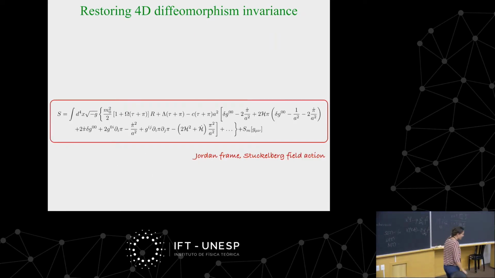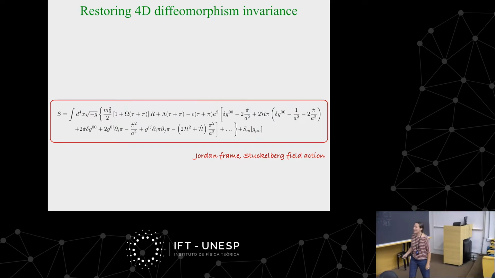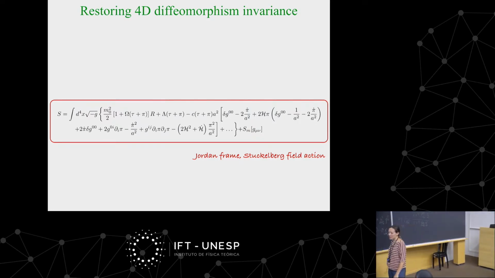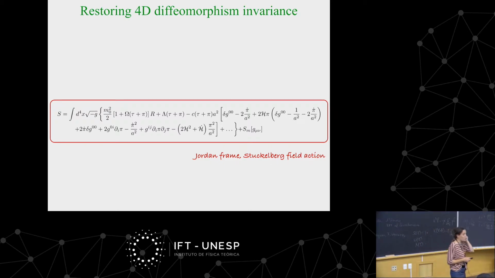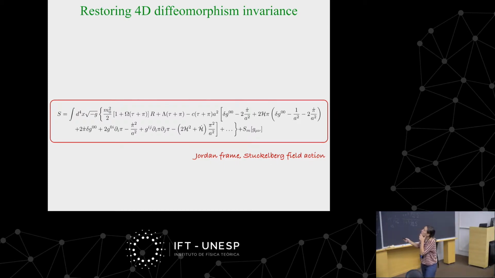But okay. So now, if you do the Stueckelberg trick, your action that looked very compact becomes huge, becomes long. It takes more than one slide to write probably the whole action. So I'm going to show you only what comes out from the first line of the action if you do this trick, and if you stop at quadratic order in the perturbations, because we still want to study only linear perturbations.